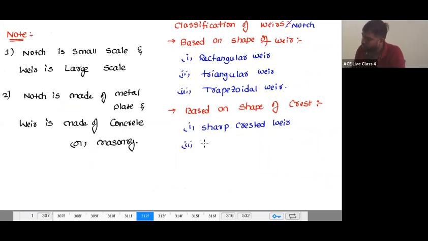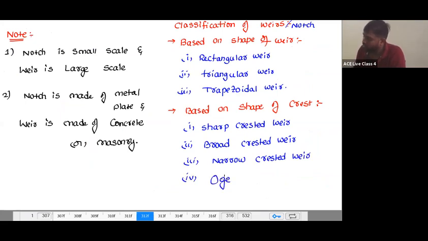Second one, broad crusted weir. Third one, narrow crusted weir. And fourth one, ogee shape weir.